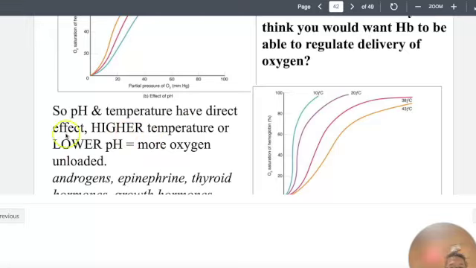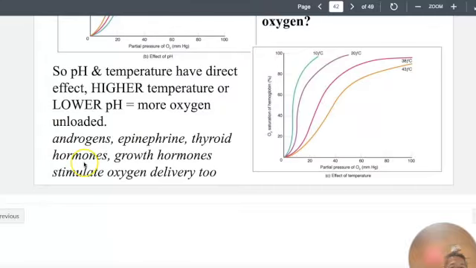So the hotter the outside or your body temperature is, you will unload more oxygen because your body will metabolize more. And when you have lower pH, you remember what is lower pH? Lower pH is when you have more hydrogen ions, which means more metabolism. Then you will release more oxygen.